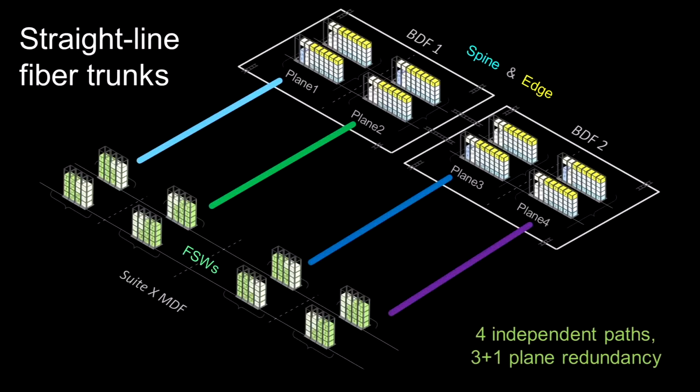And the links from the Fabric switches to the spine switches are basic trunks. It's a simple fat pipe going from one point to another point. They're equal length, they're independent failure domains. All complexity, all that weaving of the fabric is contained in the BDF. And there it's very manageable.